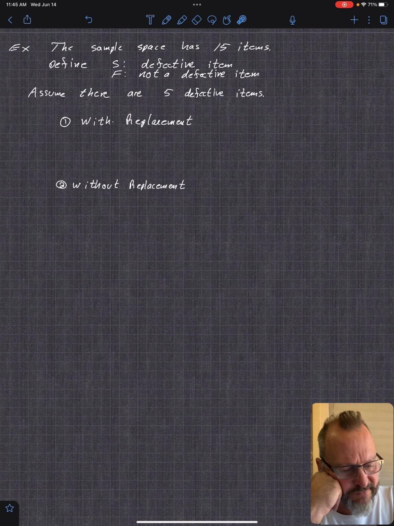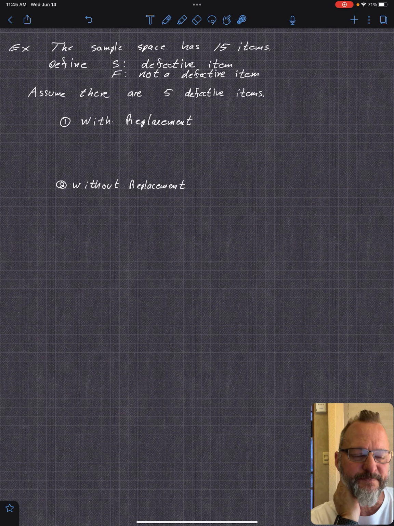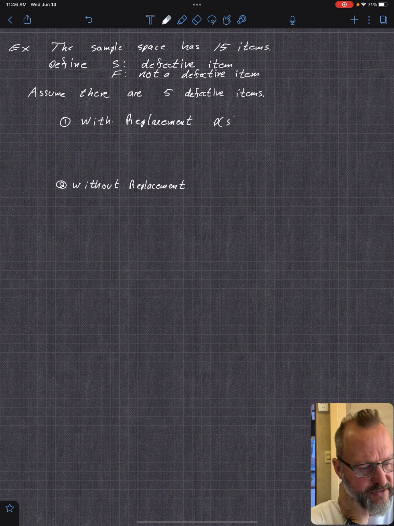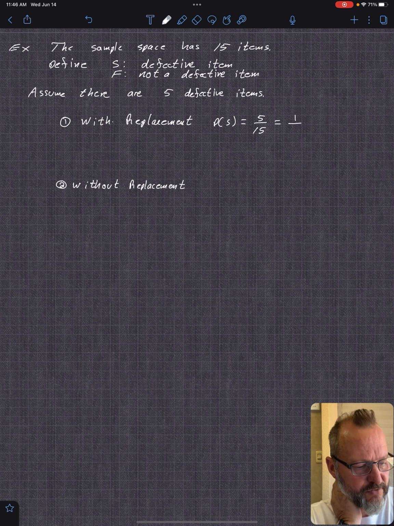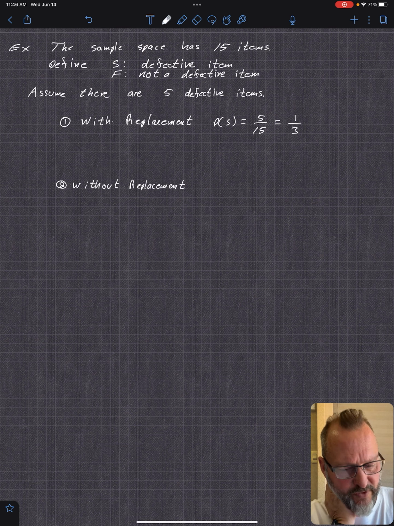If there are 5 defective items, then with replacement, out of 15, it's always going to be 5 out of 15. So the probability of success is 5 of 15, which of course reduces to 1/3. So the probability of success for each trial is 1/3.